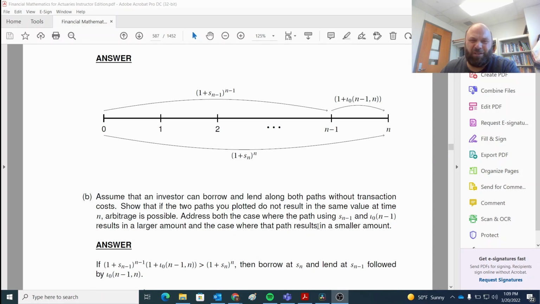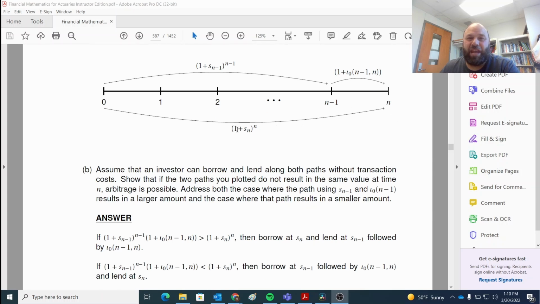First of all, let's suppose that the product of these two growth factors is bigger than the product of the bottom growth factor. If that's the case, then you borrow at this lower rate and use the proceeds from borrowing at time 0 to invest along this higher rate, and because this path gives you a greater return than the bottom path, you have a risk-free profit.